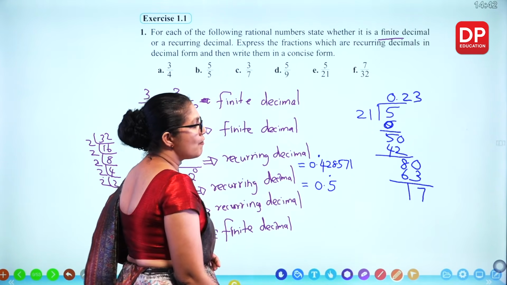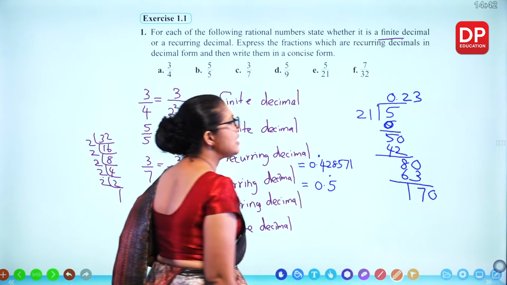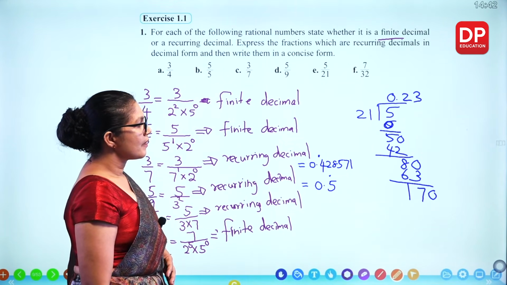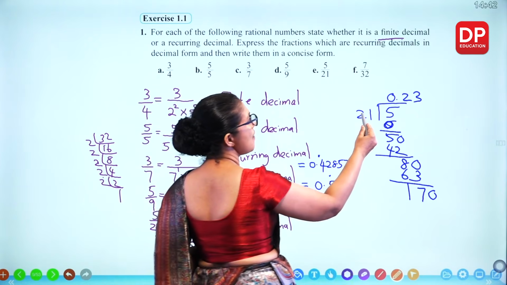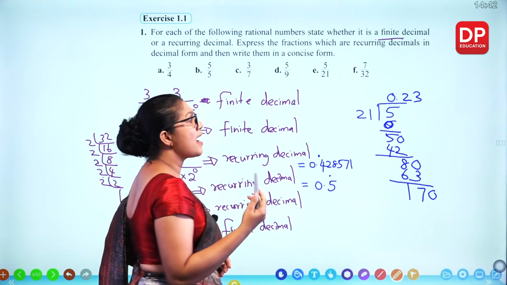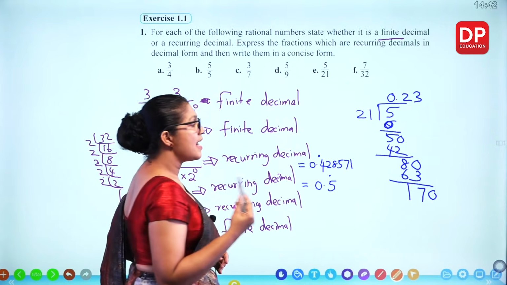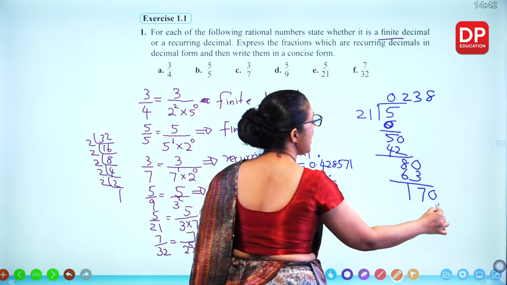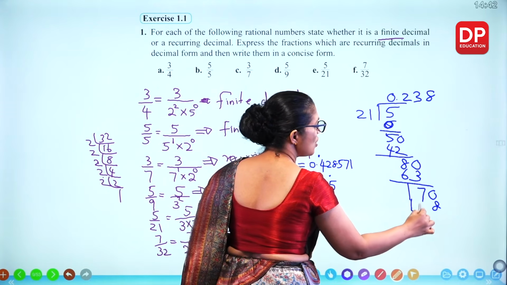When you subtract, what you get? 17. For 170, how many 21s? If you take 8, 8 times 1, 8. 8 times 2, 16.